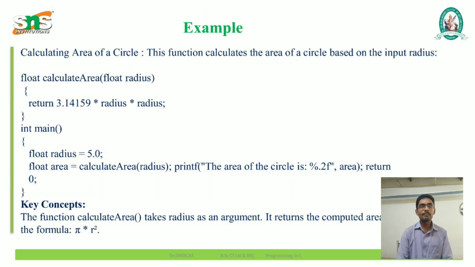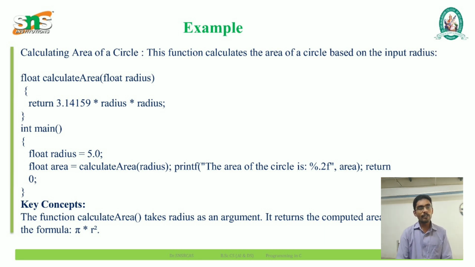Here is an example for calculating the area of a circle. This program calculates the area of the circle based on the user input radius. Here is the function definition. Float is the return type, calculateArea is the function name, and float radius, here radius is the formal argument, float is the data type of the argument, and the function returns a valid C expression like 3.14159 into radius.